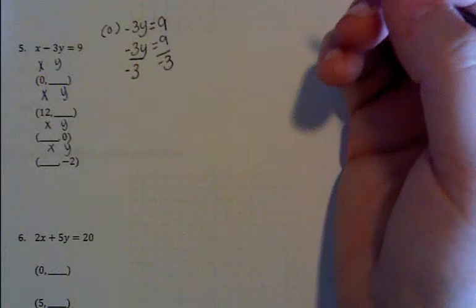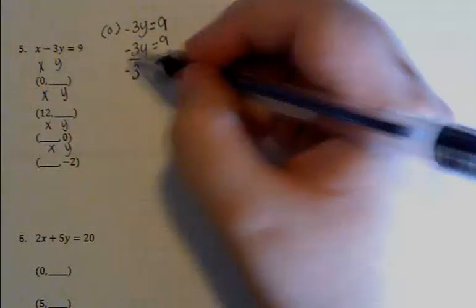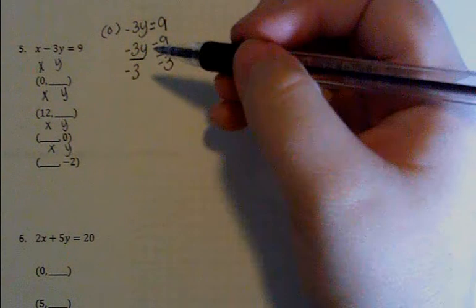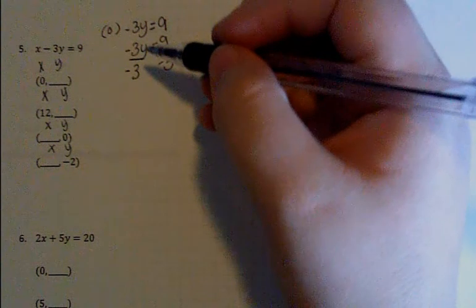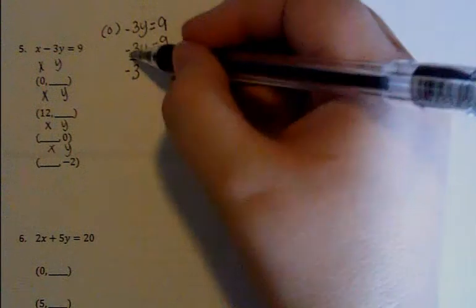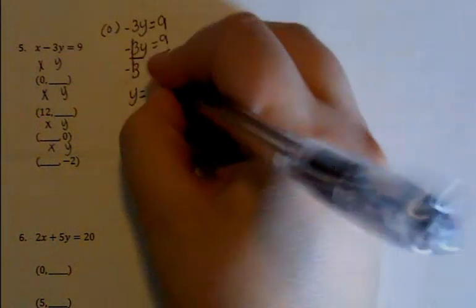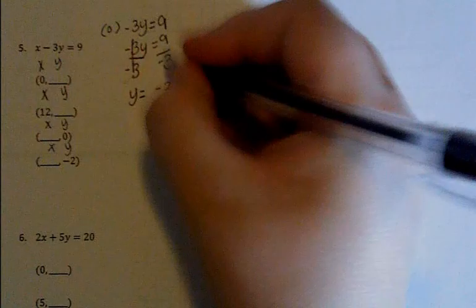You may have been tempted to divide by a +3, but had you done -3 divided by +3, that would have given you a -y. But you don't want a -y, you want a +y. So that's why we divide by that same sign to make sure that those cancel. So I have y equals -3 because a +9 divided by a -3 is a -3.